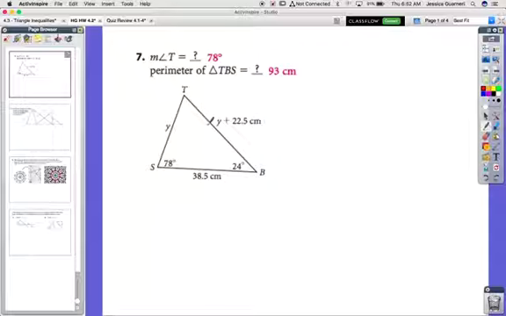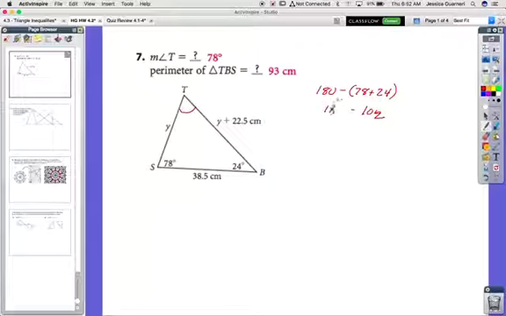So the first thing I have to do, and probably the easiest thing that I can do, is figure out what angle T is. Okay, so we all know to figure out what angle T is, we're going to take 180 and subtract 78 plus 24. Okay, so 78 plus 24 is, excuse me, 102.